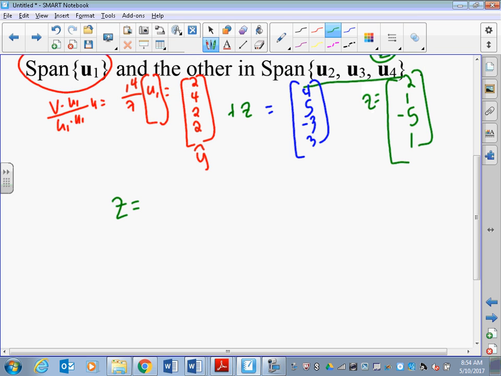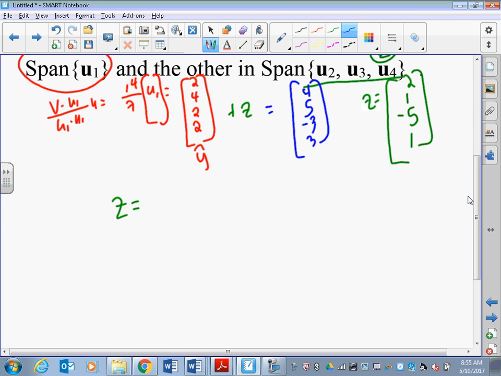What would Z have been had we done it the other way? What's the other way if it wanted to be in the span of U2, U3, and U4? Add what? What are we going to add? Right, and so that is going to be, so what would that be?